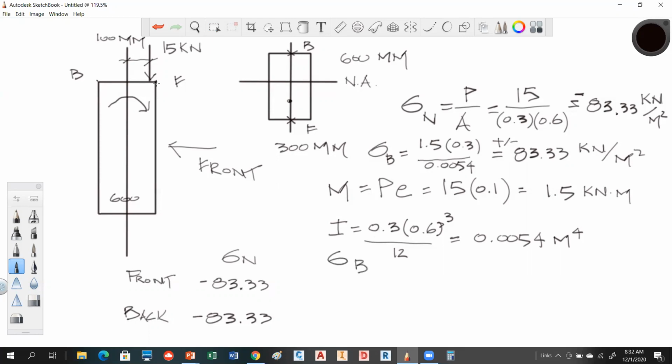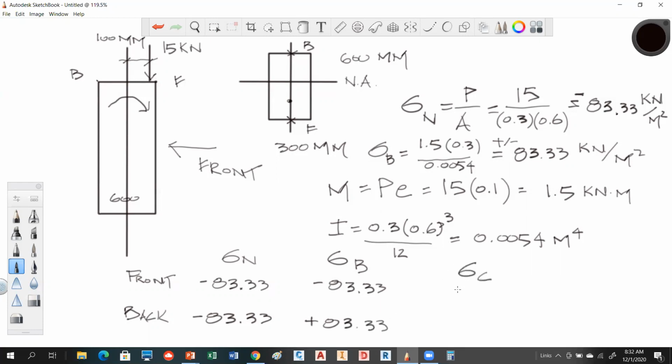in the front, we have it bending down, it's compression. So this bending stress here is going to act in compression. So that's going to be a negative 83.33. But in the back, it's going to act like tension. So it's going to be a positive 83.33.